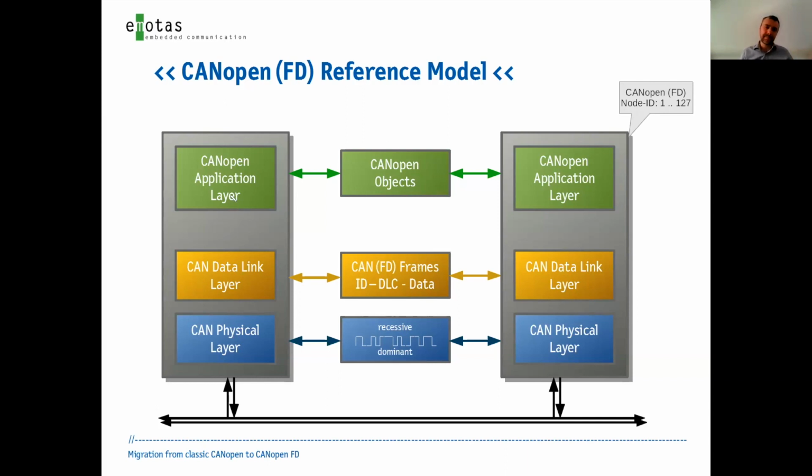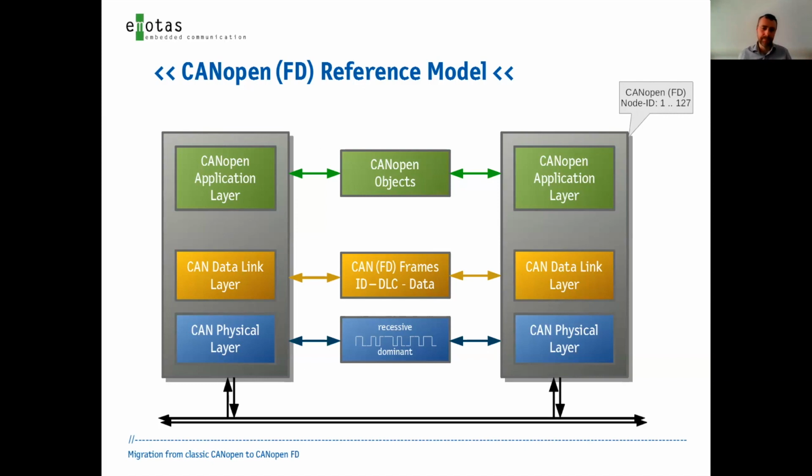And there are a lot of different services in CANopen, services to read and write parameters, or services just to send a set of signals in one CAN or CAN FD frame. I can't explain all of the protocol, but on the following slides, I would like to highlight which CANopenFD services have been changed compared to classical CANopen.